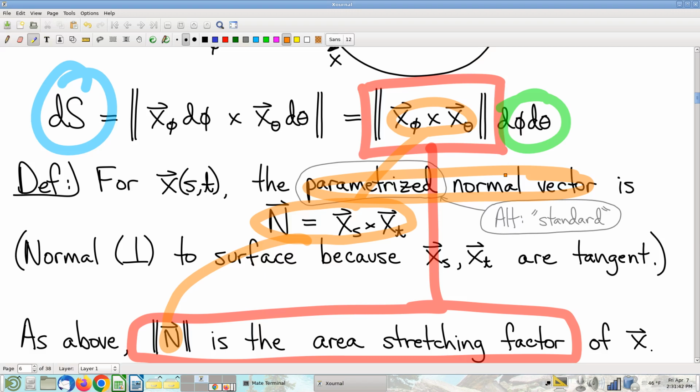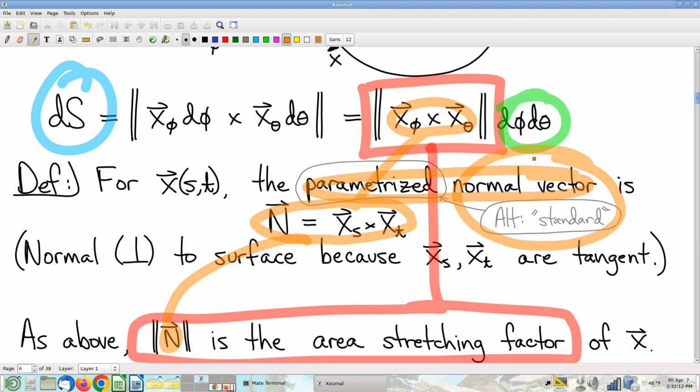The book gives a different name to this. The book calls this the standard normal vector. It's just terminology. What I am uncomfortable about with that terminology is, when you say standard normal vector, you have to interpret that carefully because it's standard to the parameterization. It's not standard to the surface.